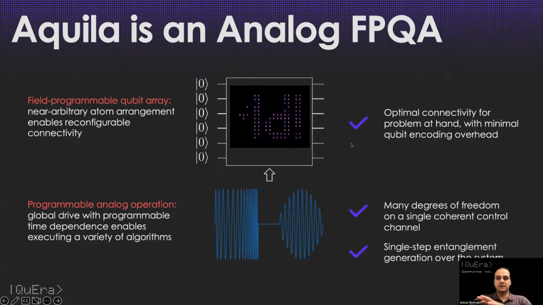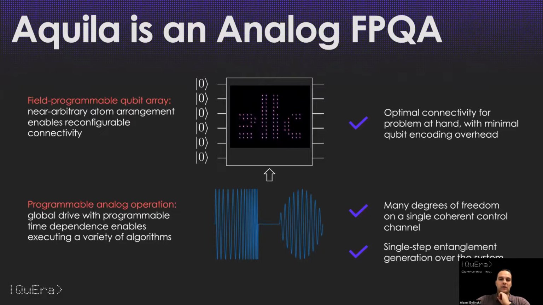While it is different from the situation where individual qubits have pulses applied to them, there's a significant number of degrees of freedom that you can leverage in an analog waveform. And in this case, there are three parameters that parameterize this waveform: amplitude, phase, and frequency.